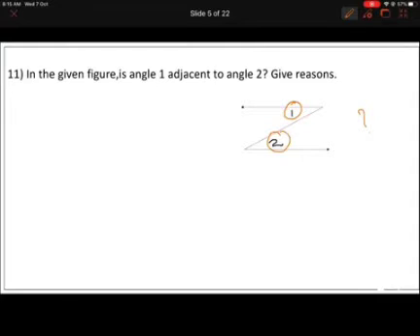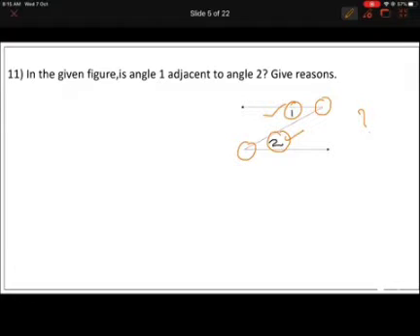Now think, what is the condition required for an adjacent pair of angles? They should have a common vertex and a common arm. As you all can see, angle 1 has its vertex here and angle 2 has its vertex here. So, though they have a common arm, they do not have a common vertex. So these two angles, that is angle 1 and angle 2, do not form adjacent angles.